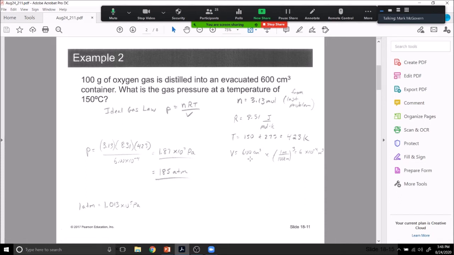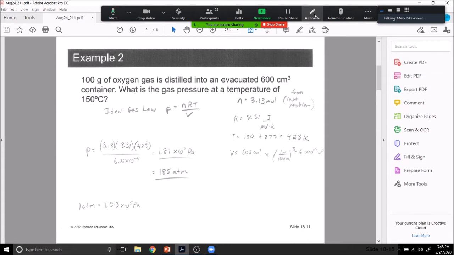Now the volume here, you may not remember this, but if you convert centimeters to meters, you're going to divide by 100. But that's when you're converting distances. We're converting volumes, and you have 3 dimensions. So you need 3 conversions, 1 for each dimension.